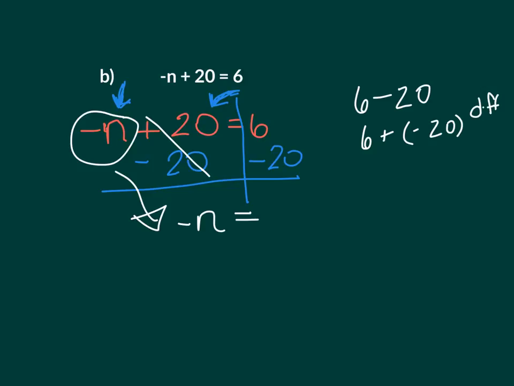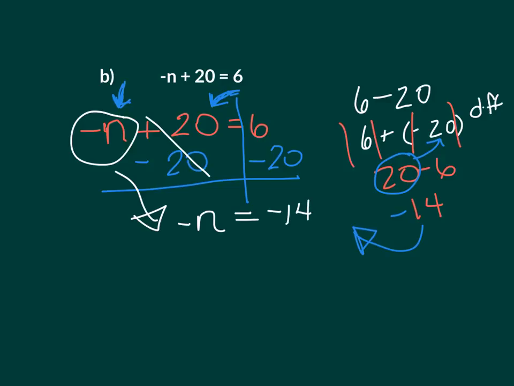So the absolute values of these, I'm going to find the difference. So 20 minus 6, I know is 14. The sign of the larger absolute value is negative. So I know when I get over here, 6 take away 20 is negative 14.